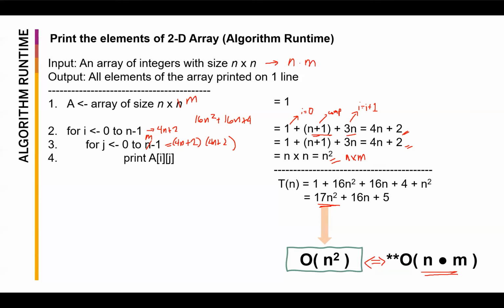So if you look at some algorithm runtimes online, some of them might actually use this notation to indicate quadratic growth. So instead of n squared, they will use n times m, simply because the input size is different. So here we have a square array of n by n. Now here we have more of a rectangular array, or more of a generic array, n by m.